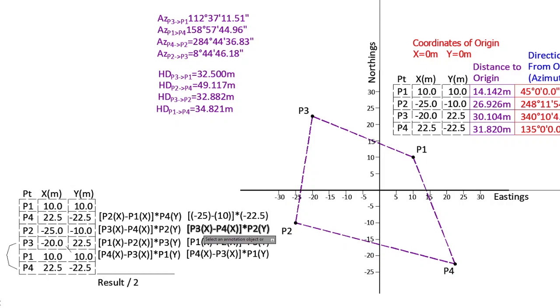Now then we have a coordinate x of P3, which is minus 20. So this one is here, minus 20. And then the coordinate x of P4, which is 22.5, and then times the coordinate y for P2, which is minus 10.